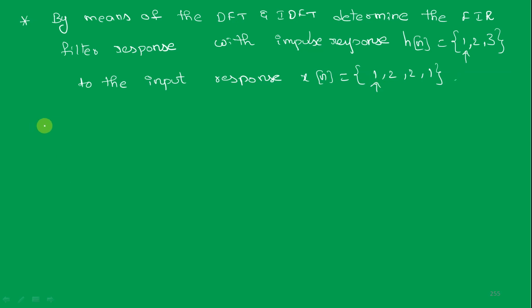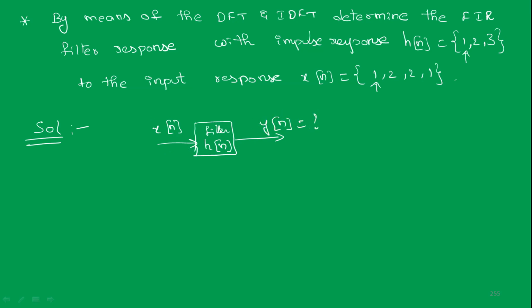Right. So here to solve this problem, that means given is an FIR filter with response h of n, input is x of n, determine the filter output response. Here let it be y of n.